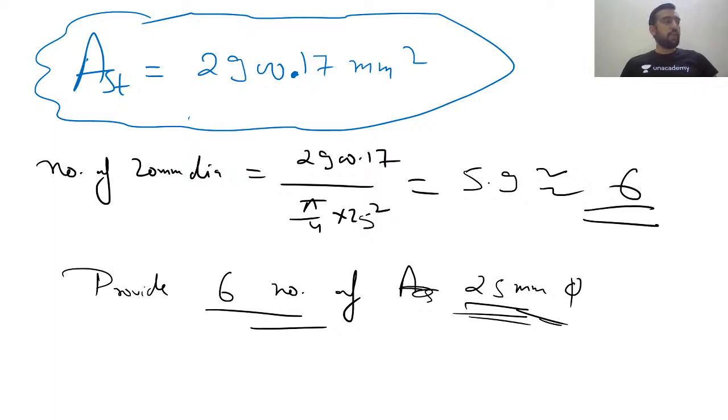So till now we have seen that 6 number of bars of 25 mm are needed, and simultaneously we are also going to provide 2 bars of 25 mm dia on the compression face, isn't it? Okay, so no doubt is here.